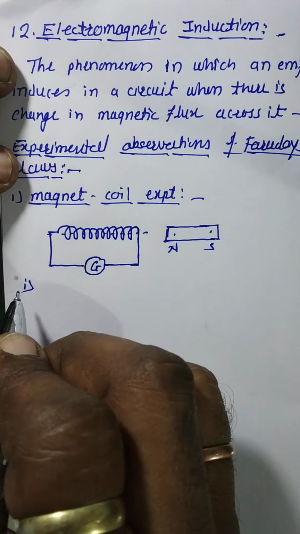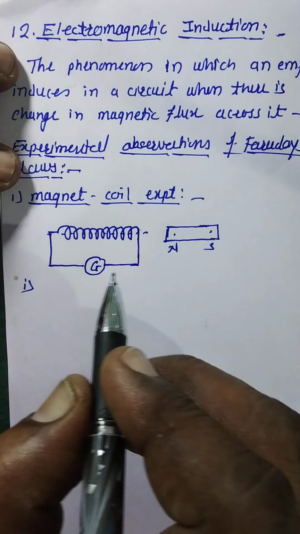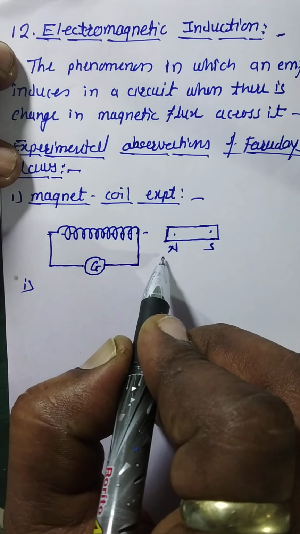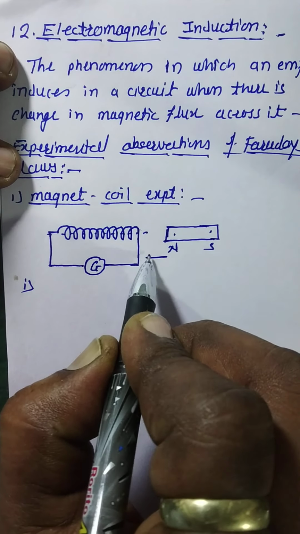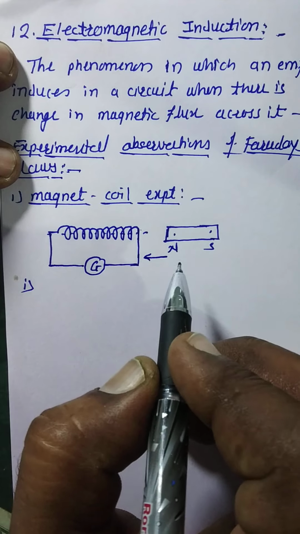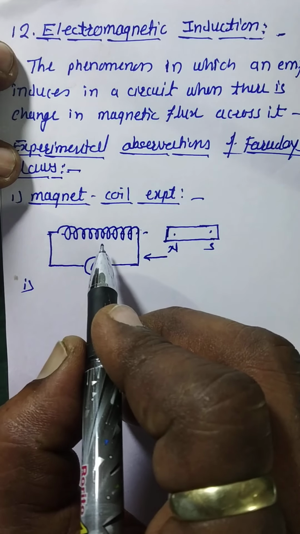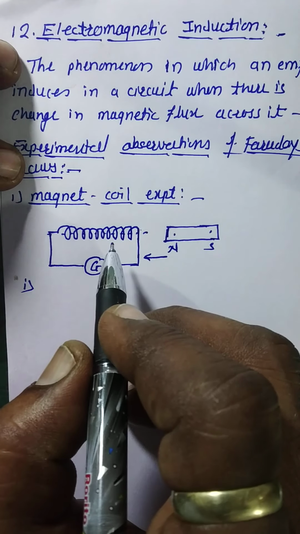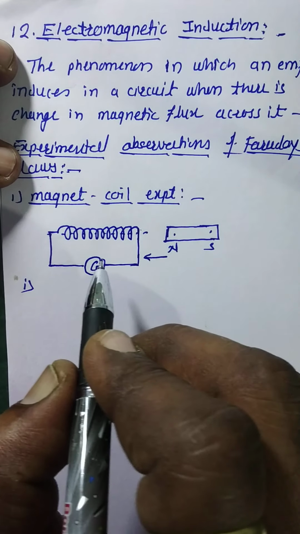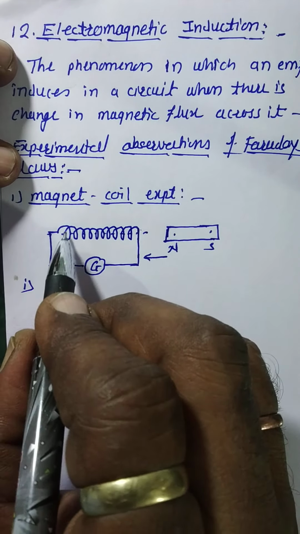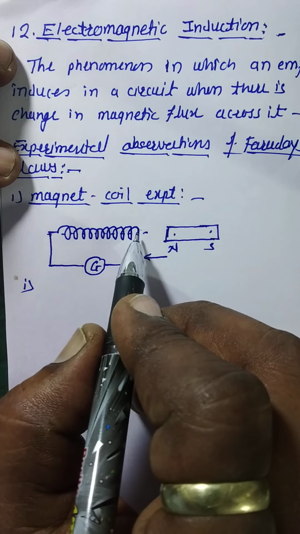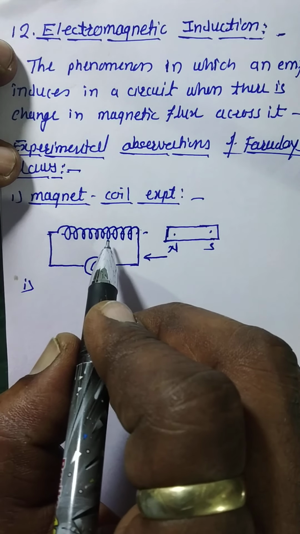Observations. First, when magnet moves towards coil, then galvanometer shows deflection and EMF induces in circuit.